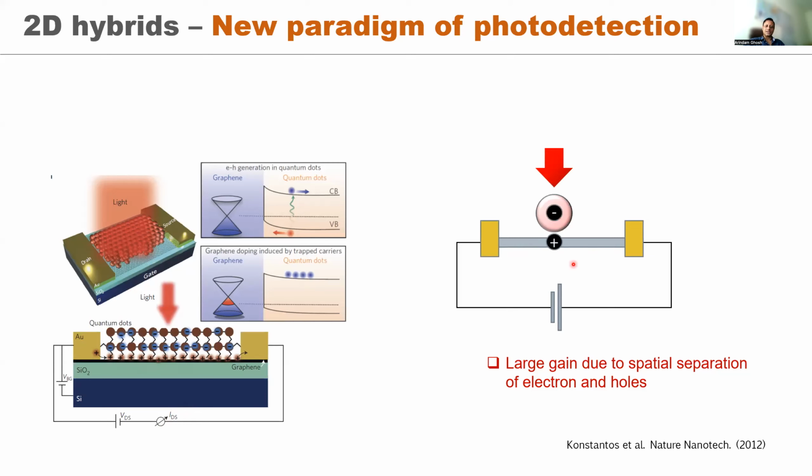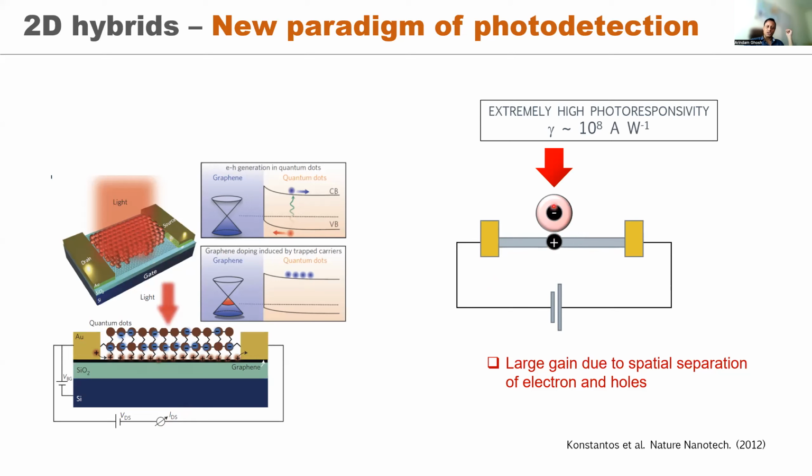When light comes and hits it, it creates an electron and hole. The hole jumps out in this case, and it goes around the circuit many, many times. But because there is a physical separation between the quantum dot and the graphene, they don't easily recombine for a very long time.